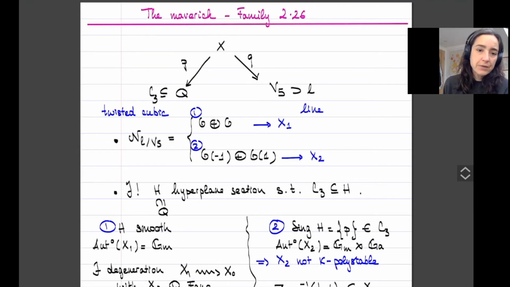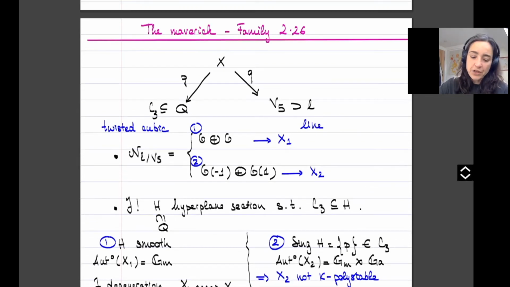So in the Mori-Mukai description, this is a Fano threefold of Picard rank 2, so it has two extremal contractions. The other extremal contraction is the blow up of a quadric in a twisted cubic lying on it. So it's a quadric living in P4.